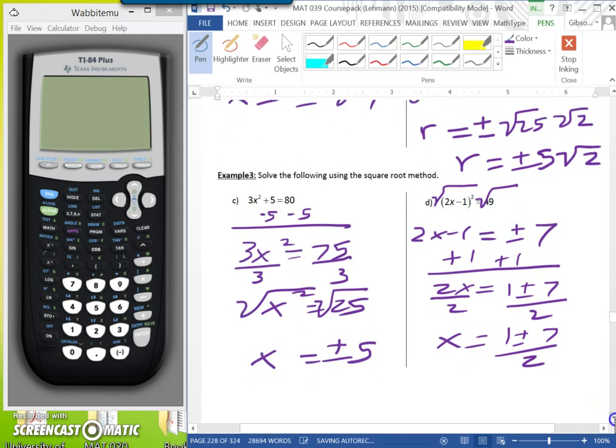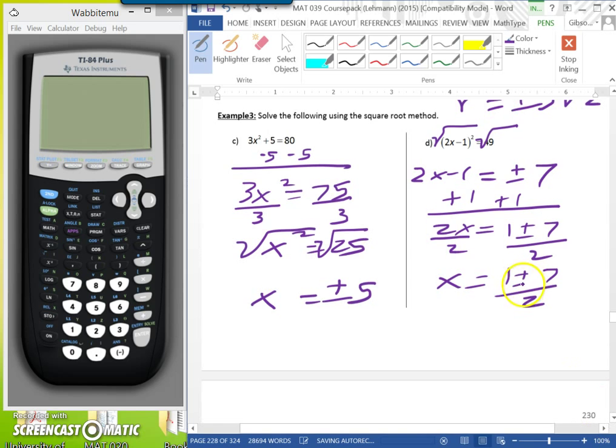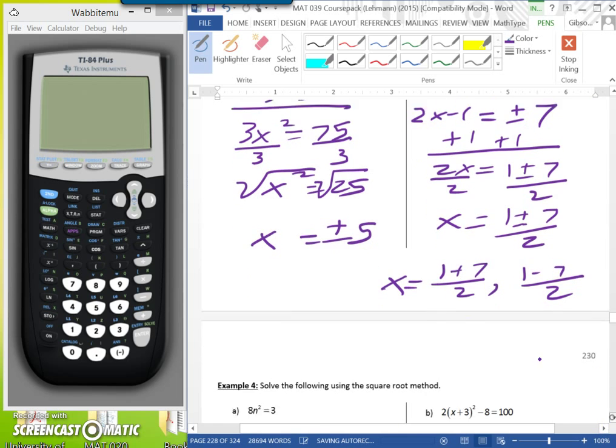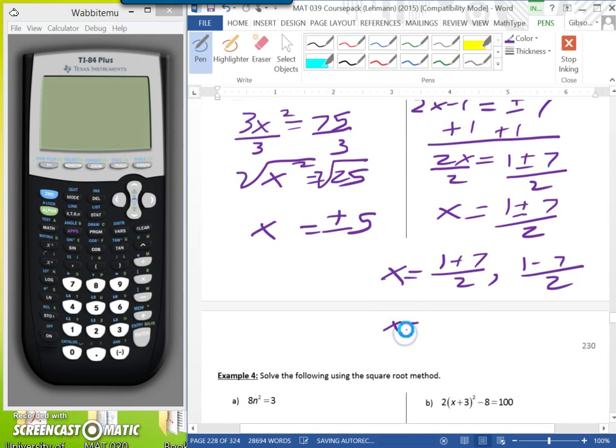Now one thing I need to stress here is that when we have a solution like this, we typically try and write it out as two separate numbers. So we can have x is equal to 1 plus 7 over 2, and also 1 minus 7 over 2. Now we know 1 plus 7 will give us 8, so that will give us 8 over 2.